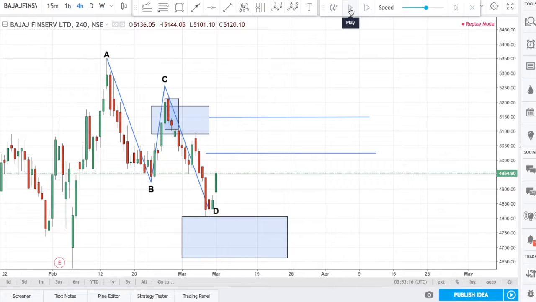Once the price pushes into or near the zone, look for a higher high closing from the zone on a lower time frame. We have this CD completion right at the 1.27 level. This is the 1.27 level and this is 1.618. Now what we have to look for is a higher high closing, possibly on a lower time frame, say a 1 hour chart.